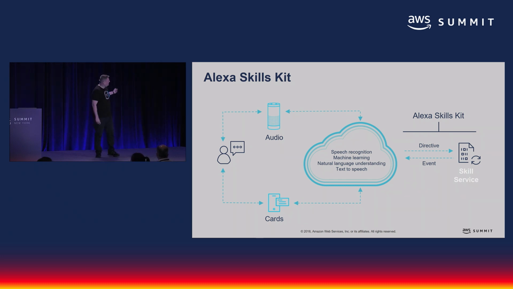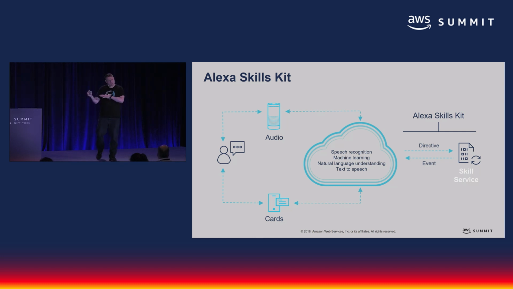At that point, we do speech recognition, natural language understanding, and a lot of machine learning, really trying to intelligently figure out what you said and what your intent was. So if I say, I want to play Jeopardy, or I want to know the time, we have to disassemble what you said into something we can act on, and maybe even act on a skill that you have already enabled.